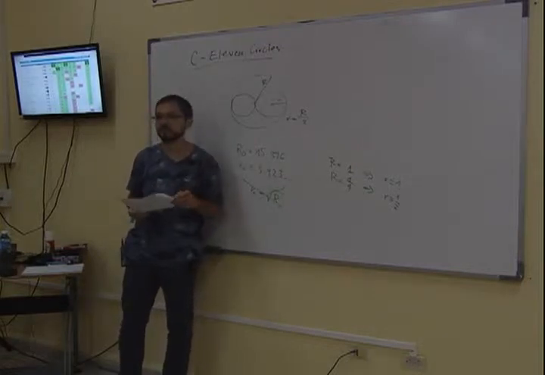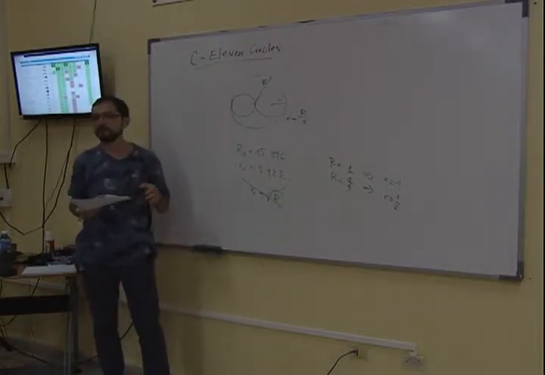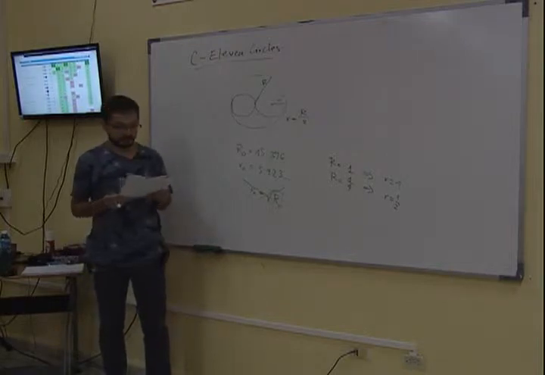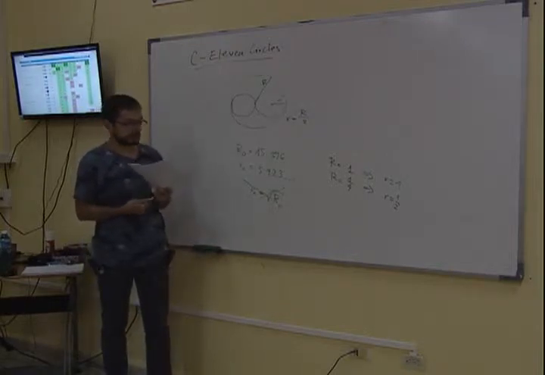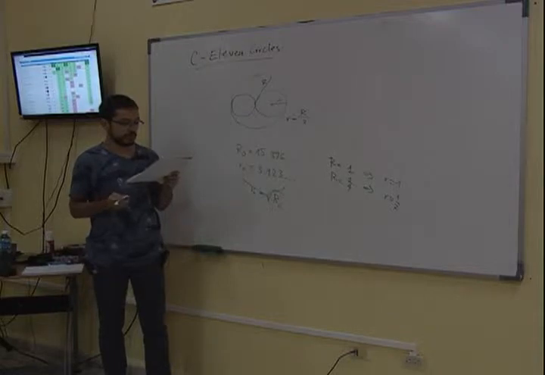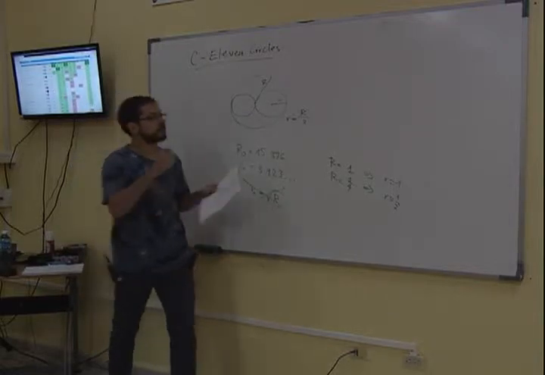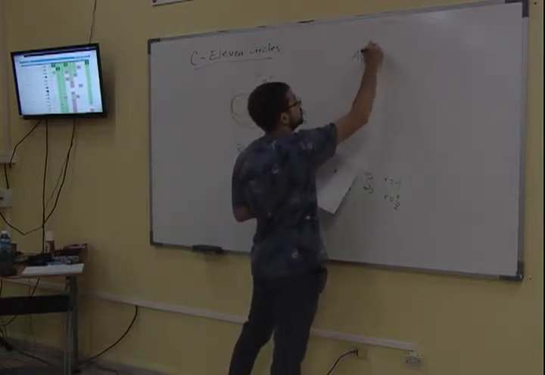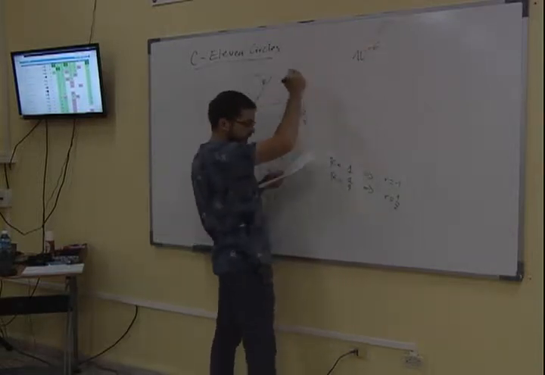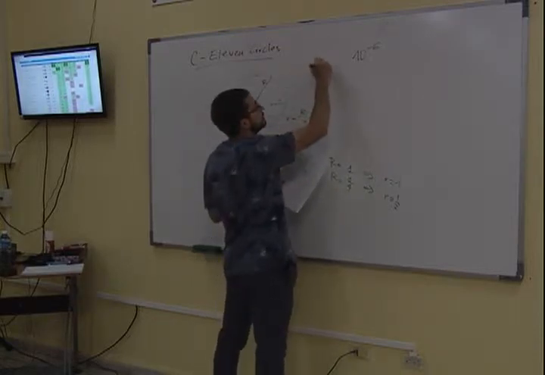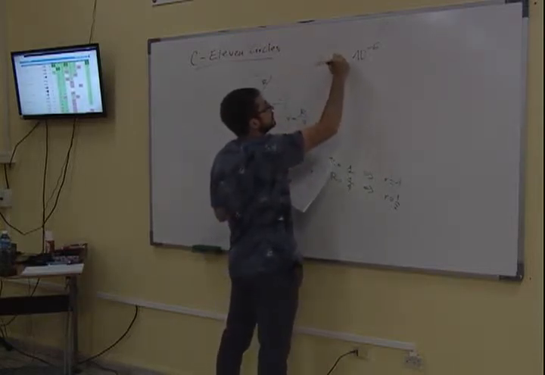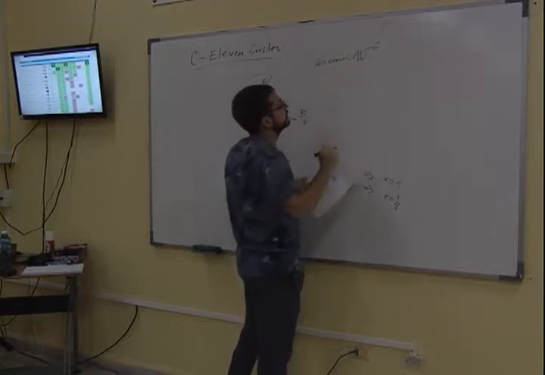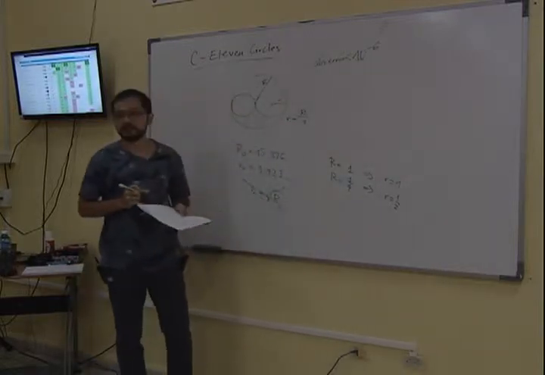Actually, the input and the example were crucial here. If you see what you need to do, the output says that you must be correct up to 6 decimal places. So your absolute error must be smaller than 10 to the minus 6.